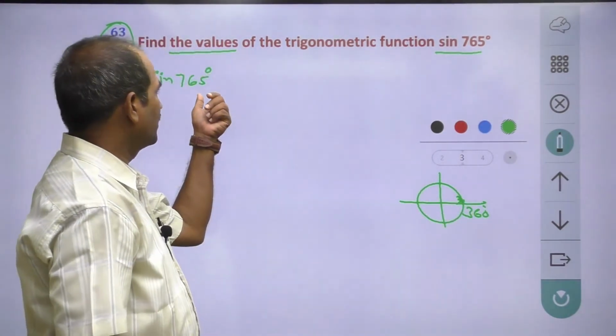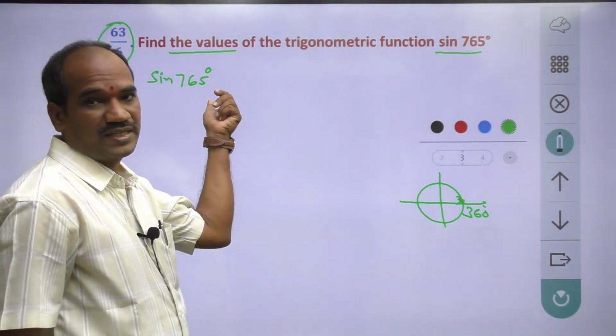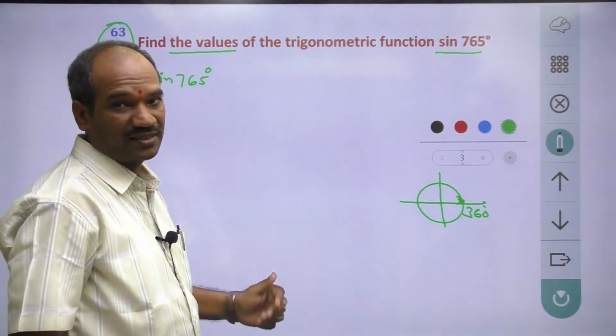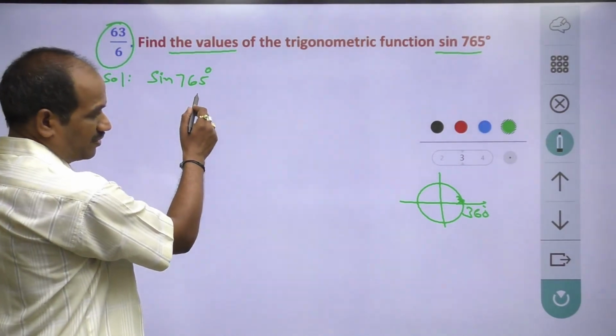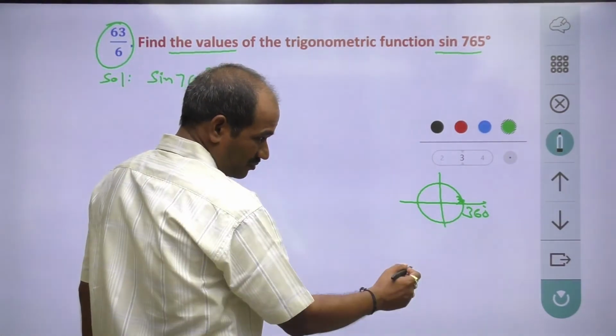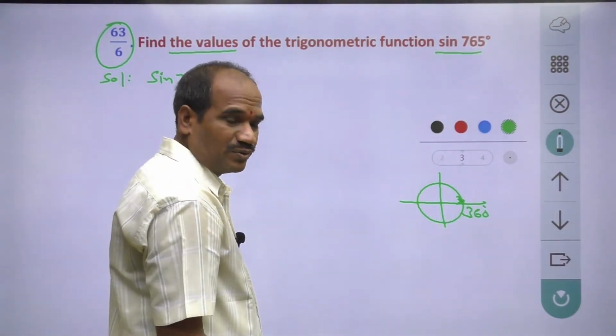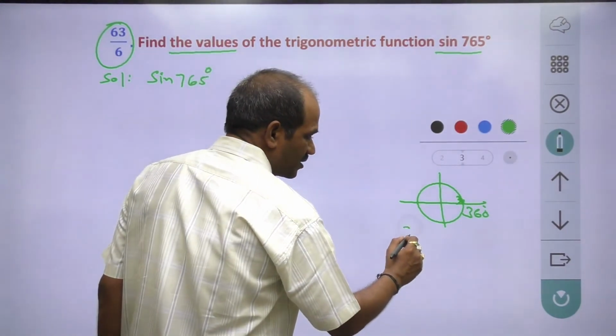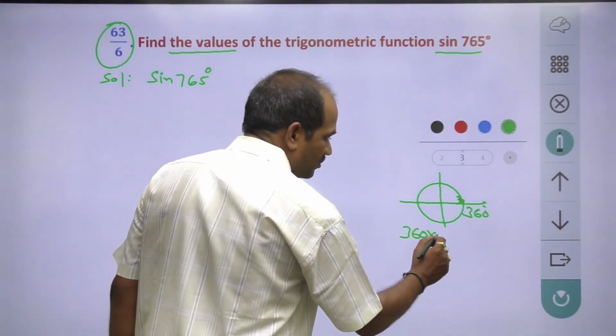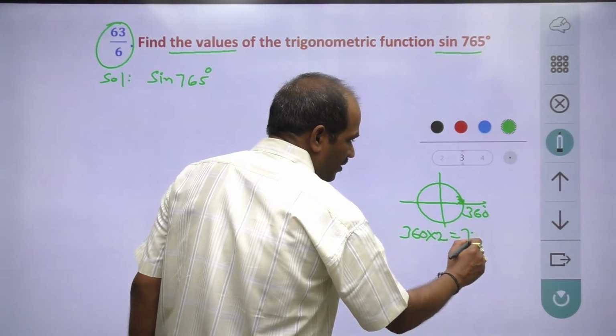If you take multiples of 360, 765 is nearer to 720. 360 into 2 is equal to 720 degrees.